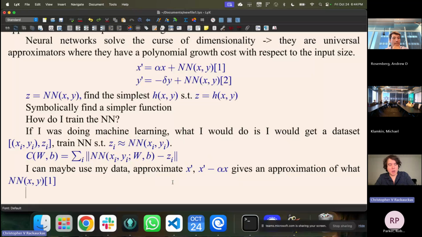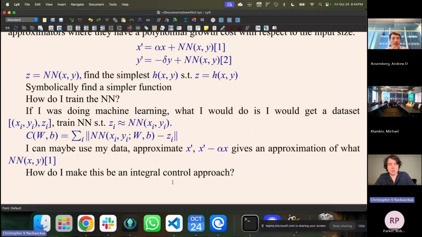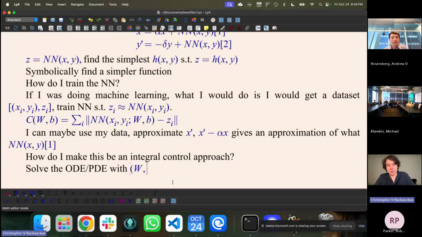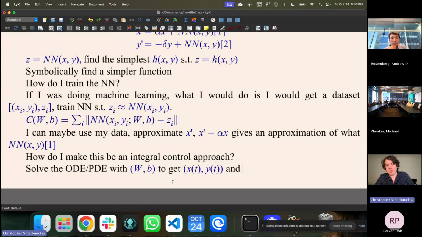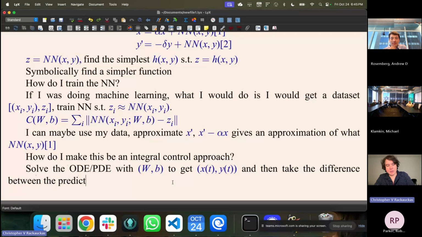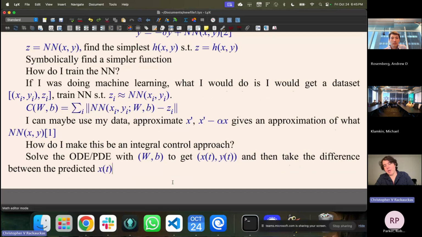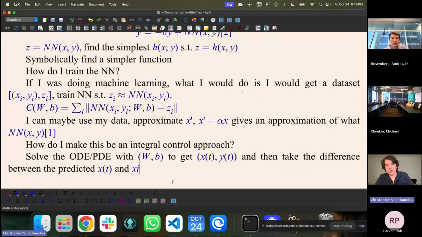Instead, so how do I make this an integral control approach? What you do is you solve the ODE, PDE with the weights to get the time series x of t, y of t, and then take the difference between the predicted x of t and the data point x of i, right?